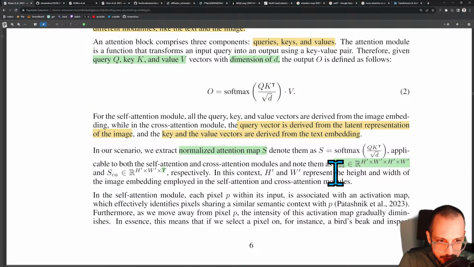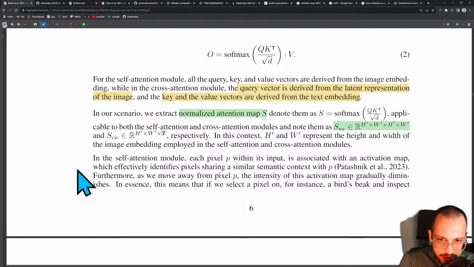In this context, H and W represent the height and width of the image embedding employed in the self-attention and cross-attention modules. Okay. In the self-attention module, each pixel P with its input, I don't like the use of the word pixel P here because pixel usually refers to the pixel in image space, but here it's the pixel of the latent, is associated with an activation map which effectively identifies pixels sharing a similar semantic concept with P. Right?